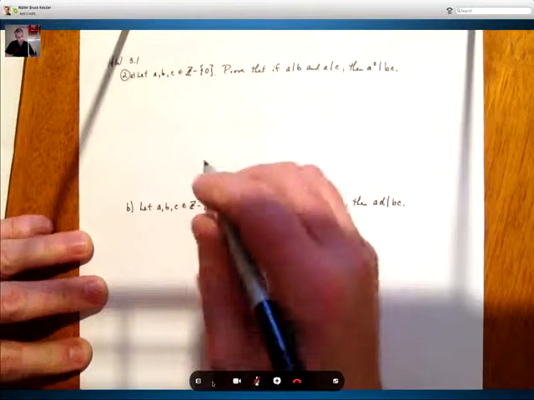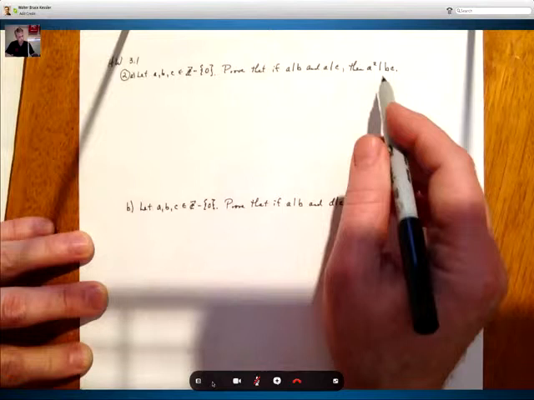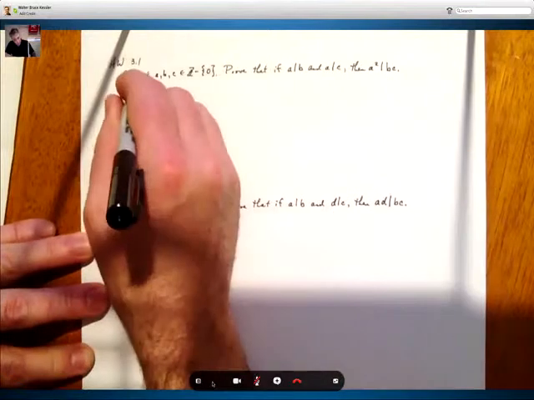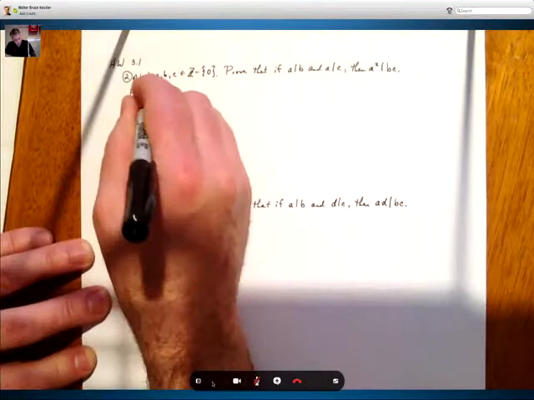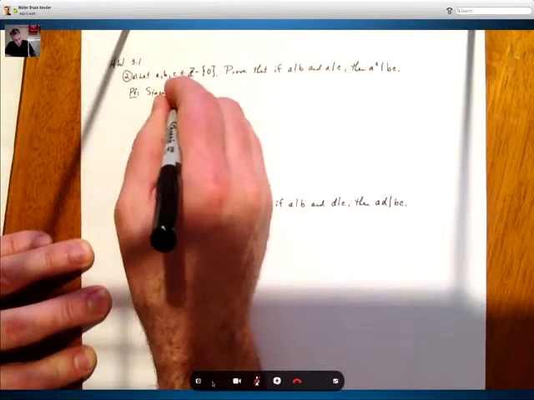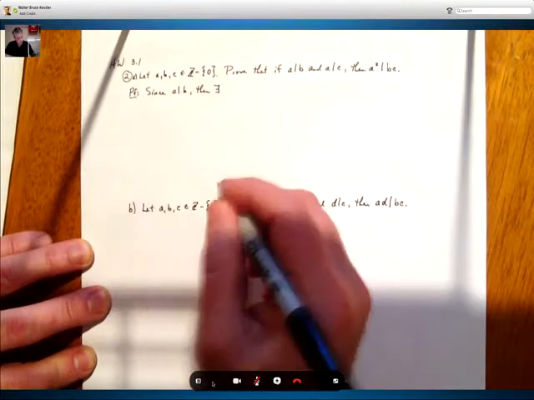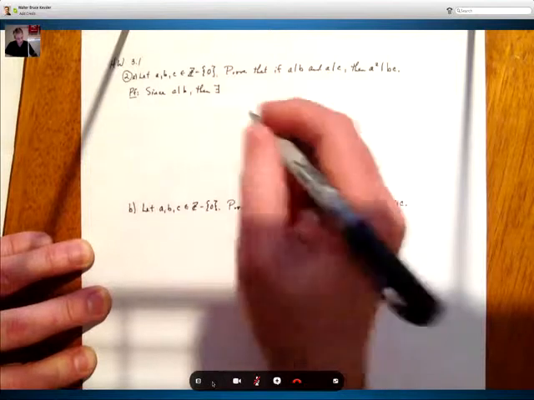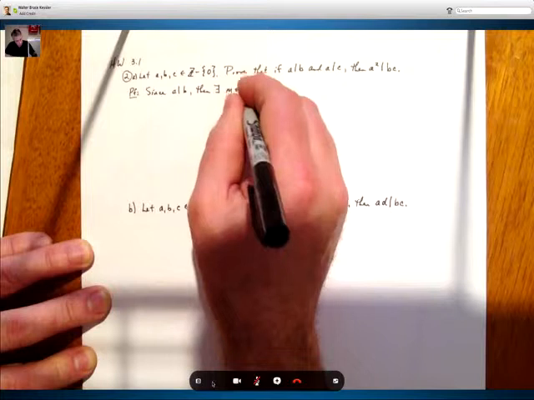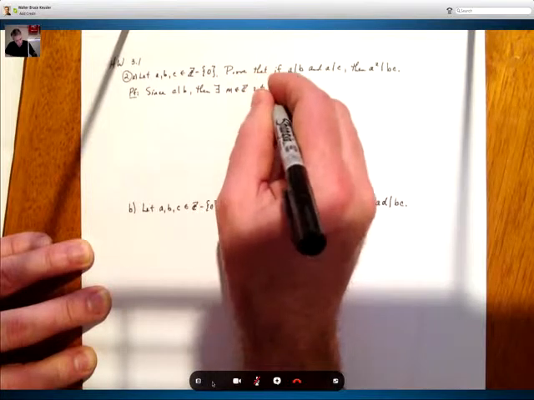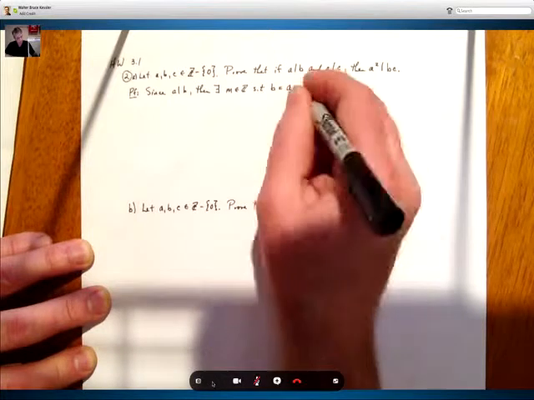Problem 1 says, okay, you've got these non-zero integers a, b, and c. Prove that if a divides b and a divides c, then a squared divides bc. So the proof of that would go something like this. Since a divides b, then there exists some integer m such that b equals a times m.